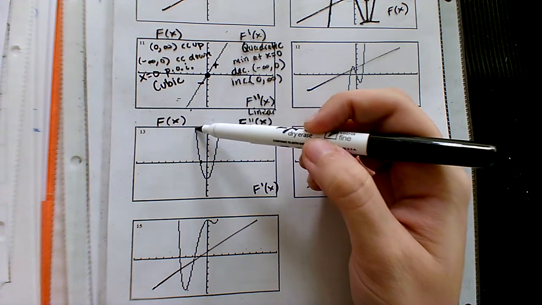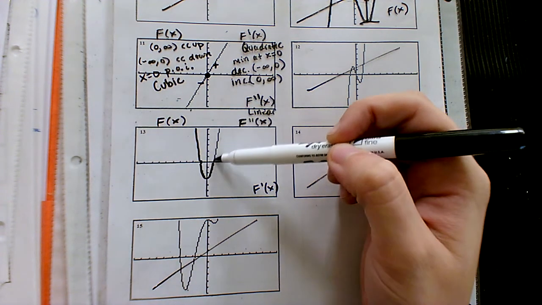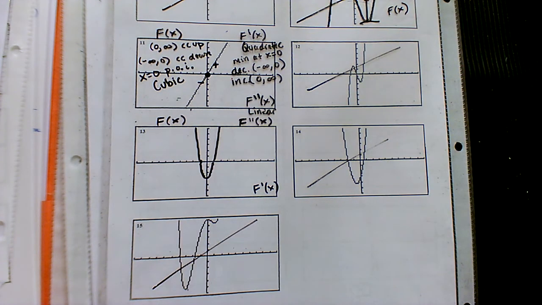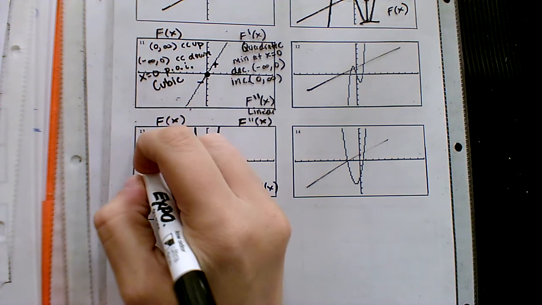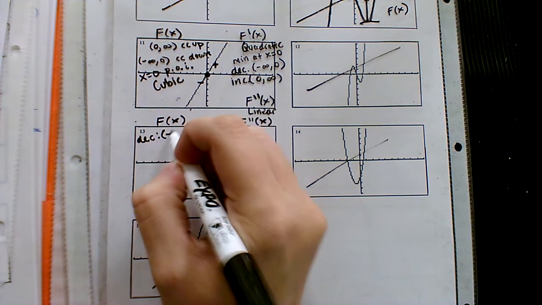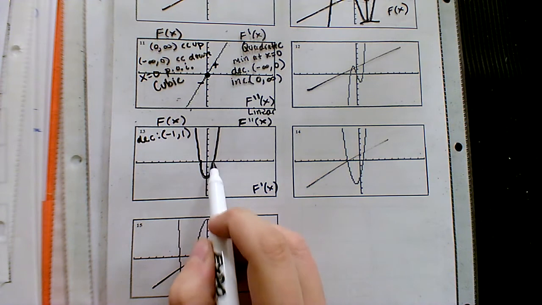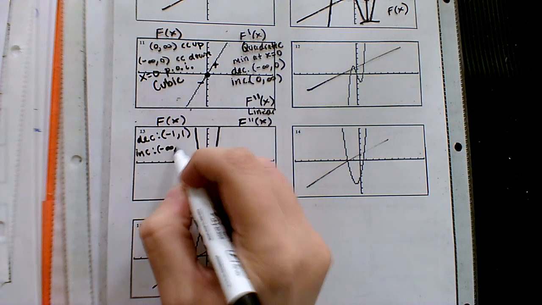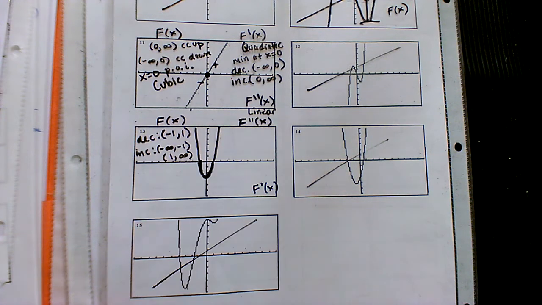All right, so if the slope is positive here, negative here, positive here, how does that relate to either one of those? F of x slope. Yeah, the slope is negative whenever f prime of x is negative, so f is decreasing. Okay, so decreasing from -1 to +1. Christian said we're negative, and then we're increasing from negative infinity to -1, and 1 to infinity.